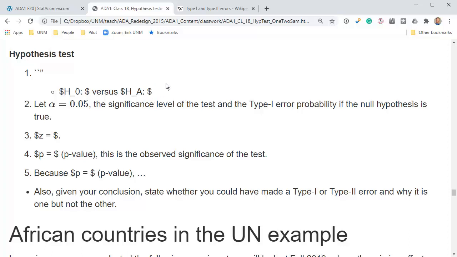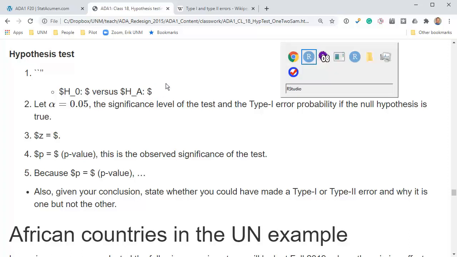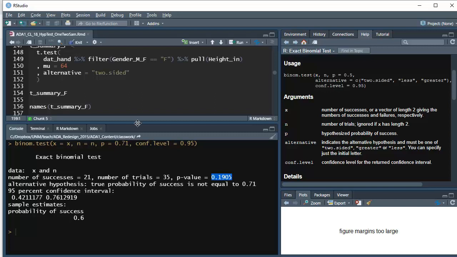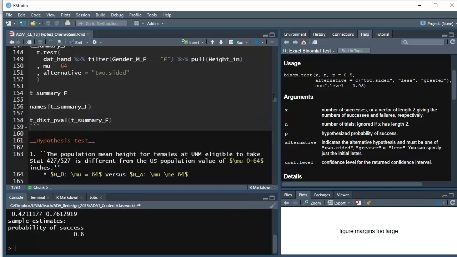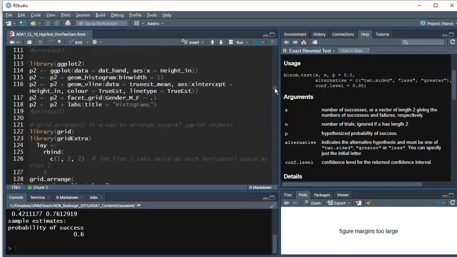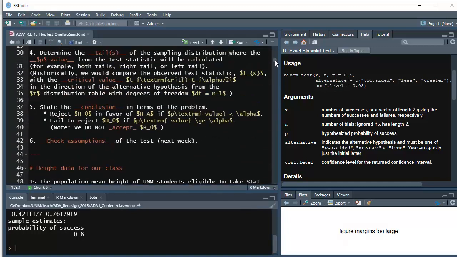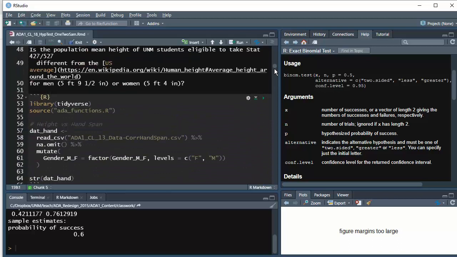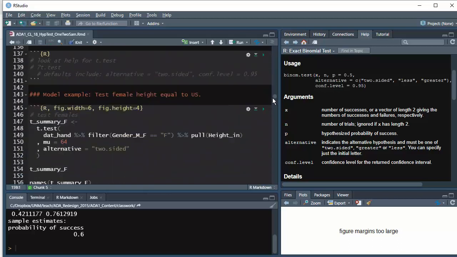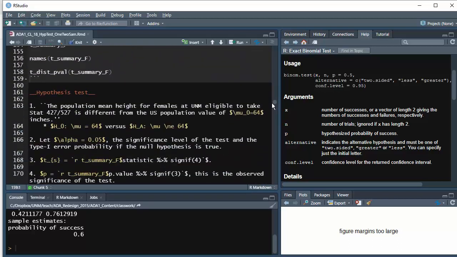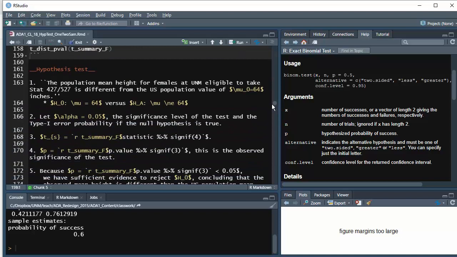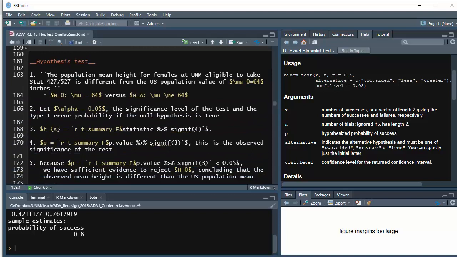Now the code for that, why don't we take a quick look at how we did not equal to, because there's a little bit of typesetting here to do. I'm finding the example. Okay, here we go. So here is the mean height for females.